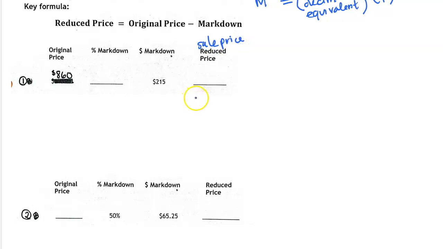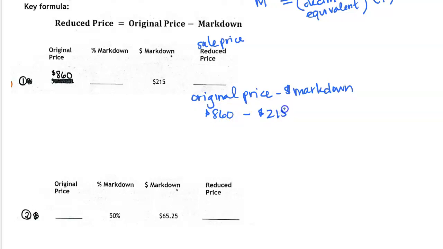So the sale price is going to be the original price minus the dollar amount marked down. In this case, we have $860 minus $215, and with that subtraction, we get $645 for the sale price.